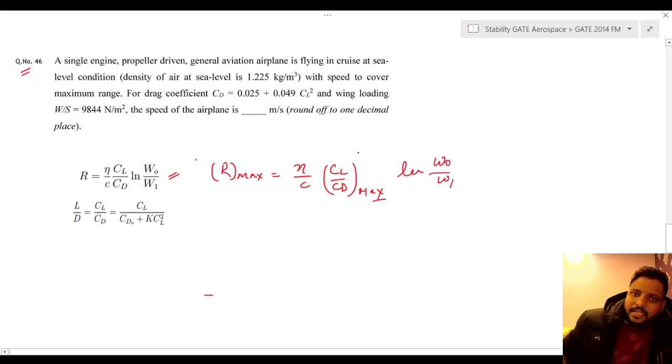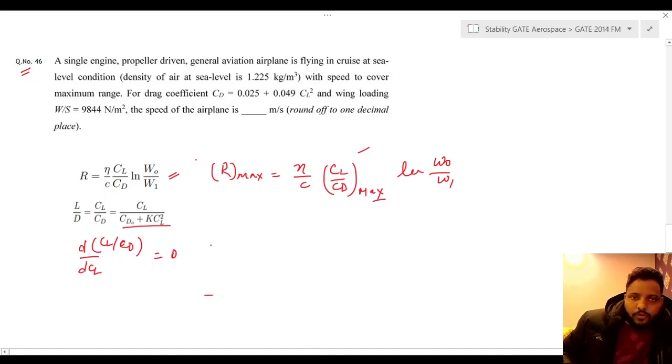CL by CD is the aerodynamic efficiency, L by D, which is equal to CL upon the drag polar equation. To make it maximum, I can take the first derivative with respect to CL and solve it.